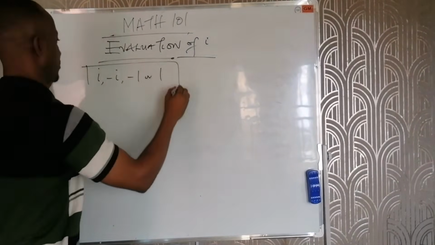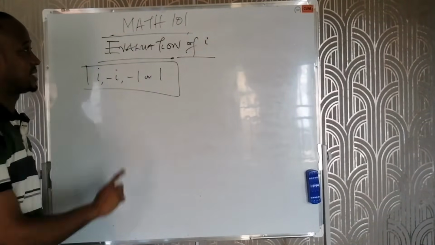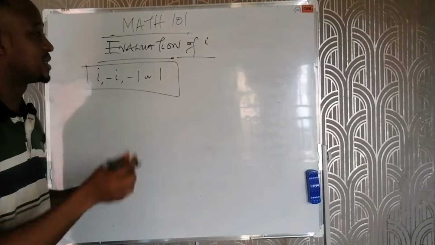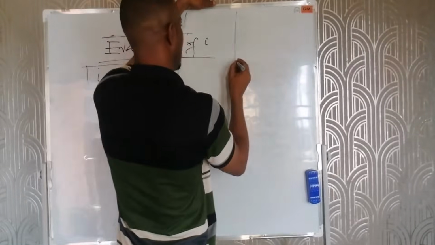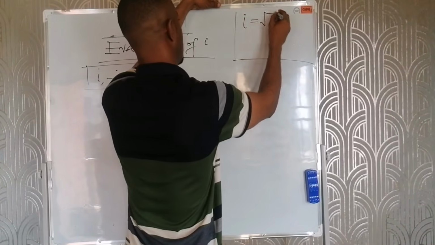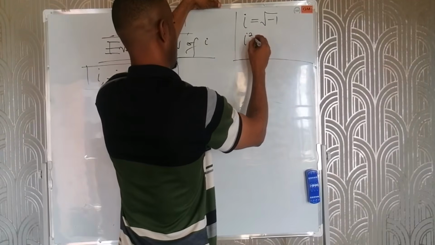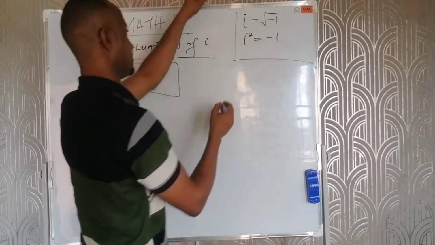These are the 4 possible answers you will always have anytime you are evaluating I. But note fundamentally that the value of I is the root of minus 1, and I squared is equal to minus 1.